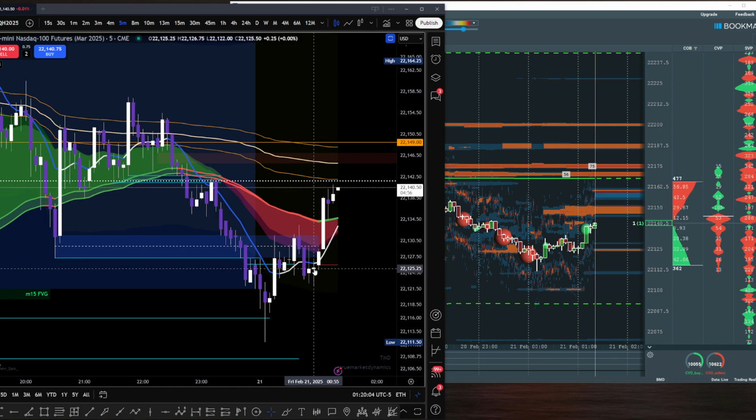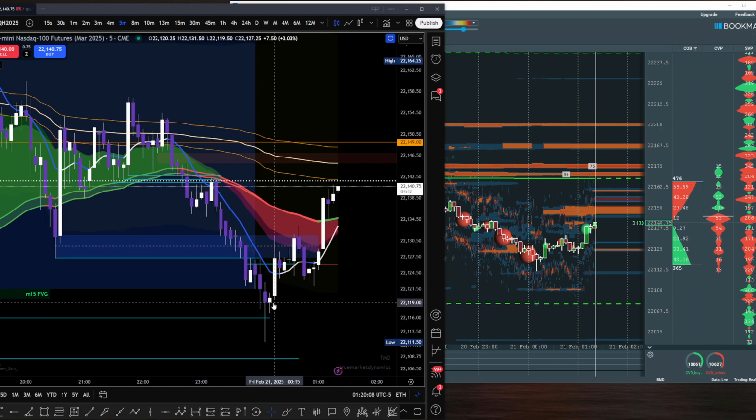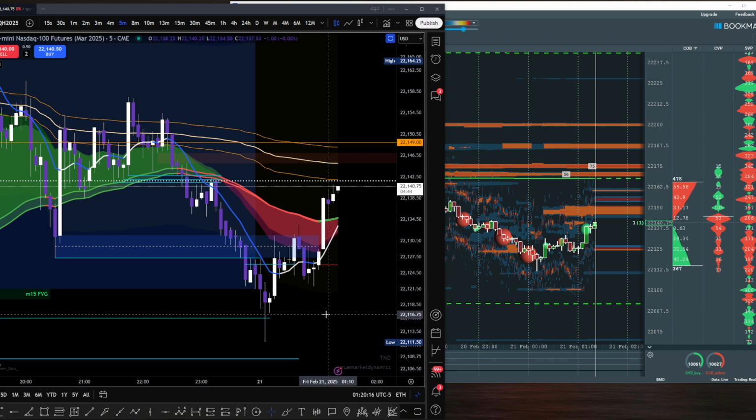You would enter here on this next candle short, and you would target, for example, this area here, the body, because you know that's important, or you could target this wick or that wick. And you'd have varying levels of risk to wait for.